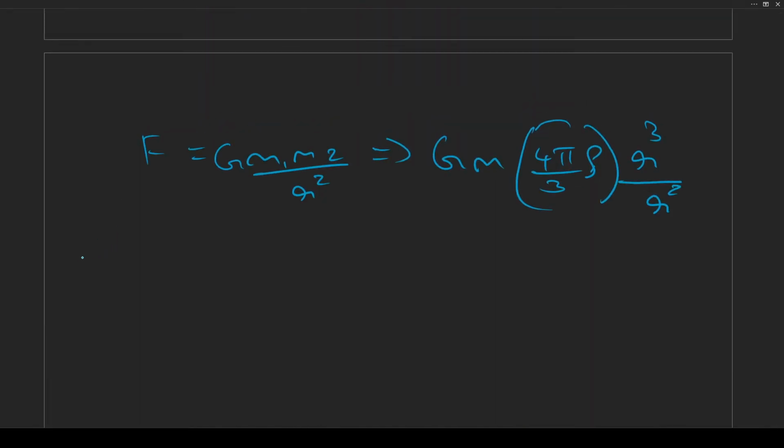Now substitute that value here: F equals G m Me by Re cube into r cube by r square.